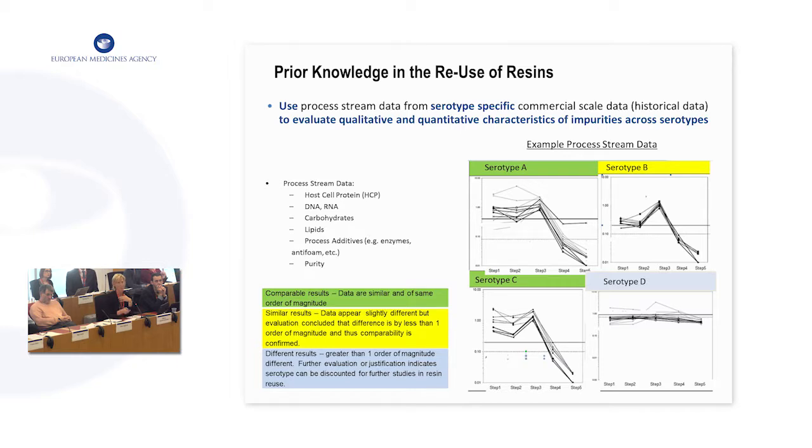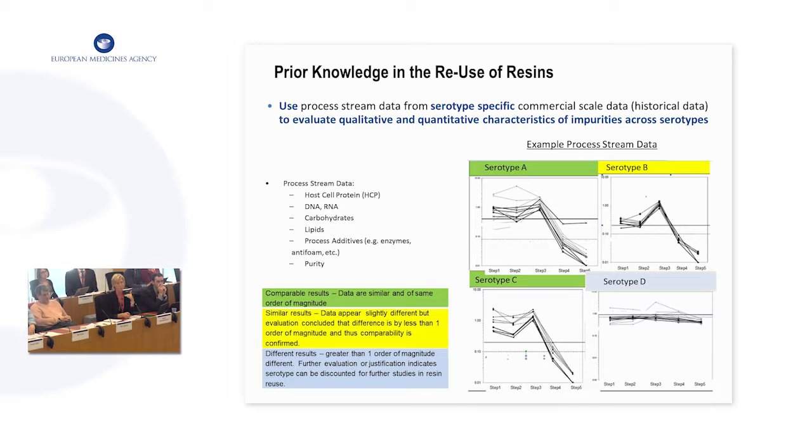And so exactly what we have started to do is to use these process stream data, which are commercial data but serotype specific, to evaluate the qualitative and quantitative characteristics for the clearance of impurities. You see here 4 graphs, but these are representative of the different serotypes that are contained in the vaccine.